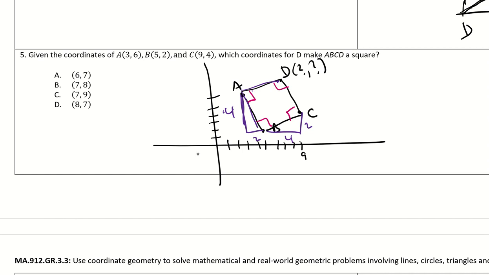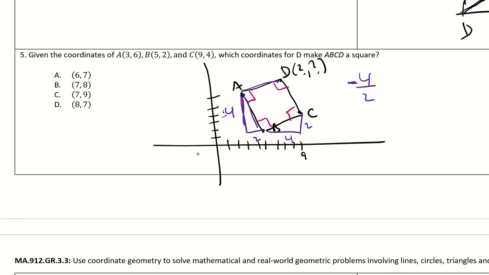So the slope for AB is negative 4 over 2 because it's going down, right? Remember, slope is rise over run. So rise is 4, run is 2, but it's going down, so it's negative. So the slope of AB is negative 4 over 2.